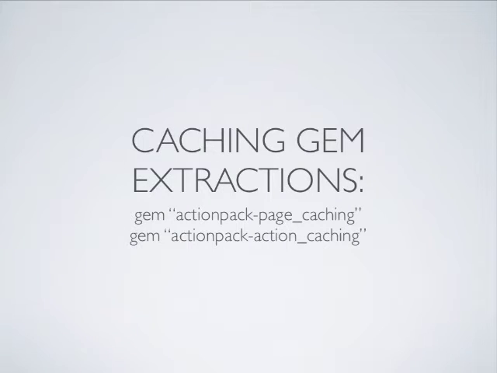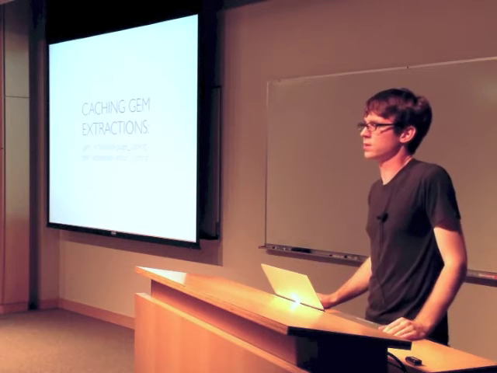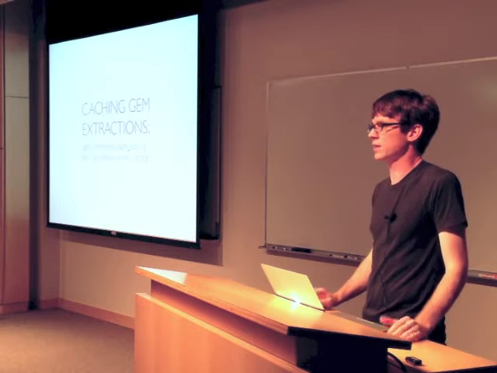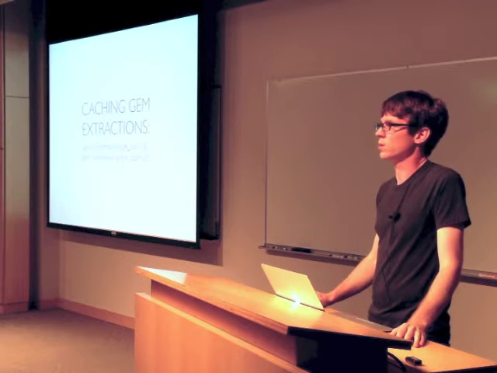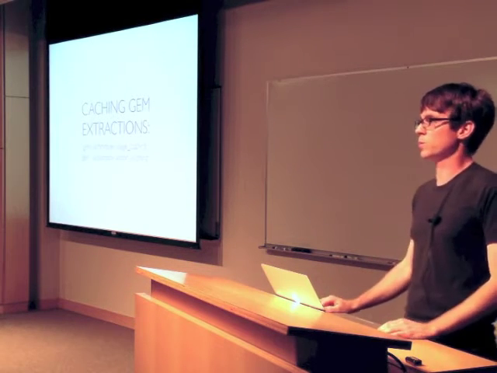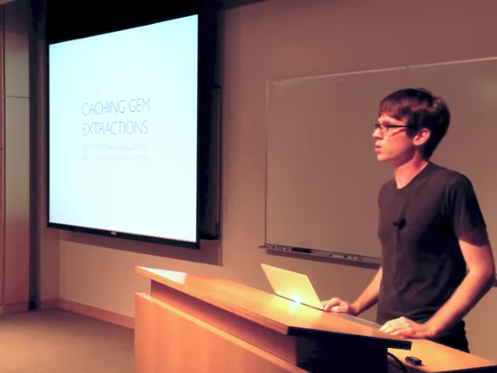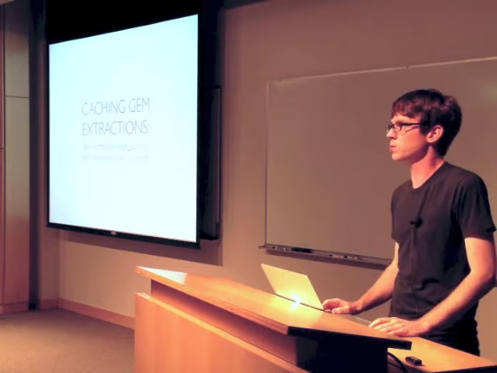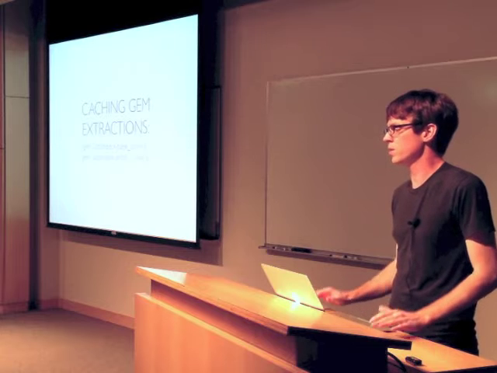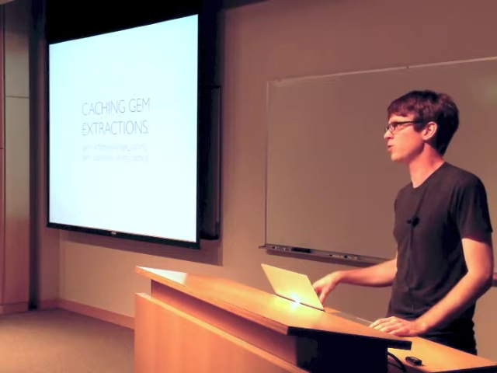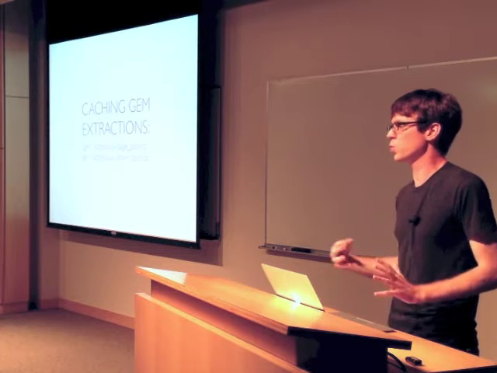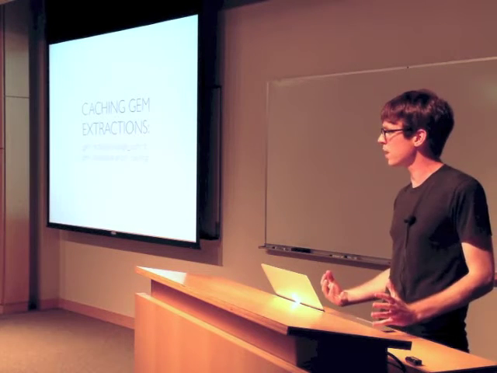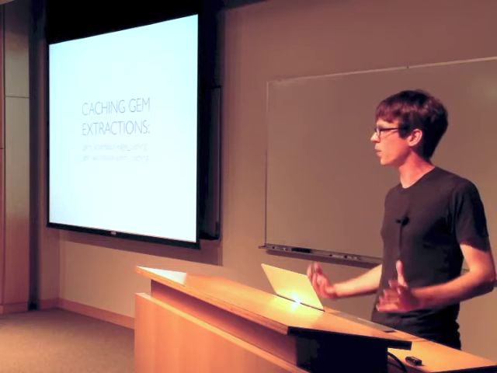Okay, so I said that the Rails 4 release was about a lot of closet cleaning, and as part of this, Rails 4 is going to be extracting out a lot of stuff that's in Rails core into separate gems. So here we have page and action caching will no longer be part of Rails. These will be separate gems you can use if you want by including these gems. The reason is that the core team is starting to move away from page and action caching, because it's a real challenge to work with that, because you've got to manually expire caches and it's very problem prone.